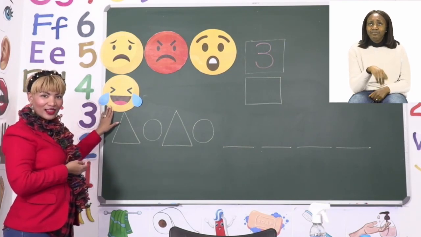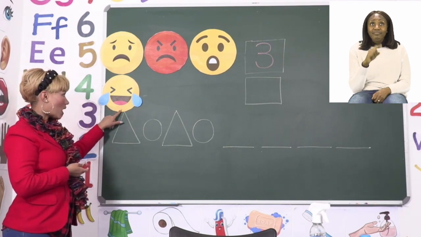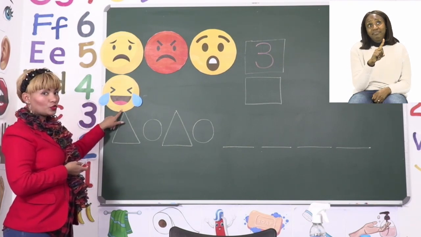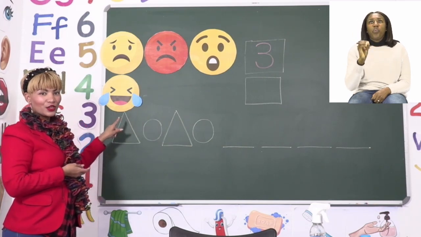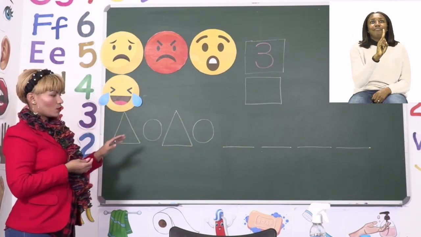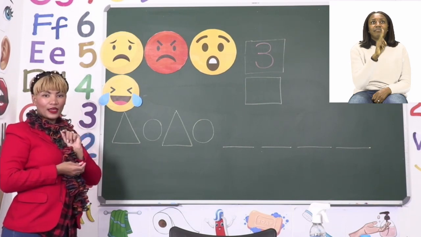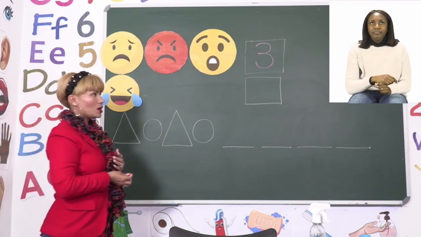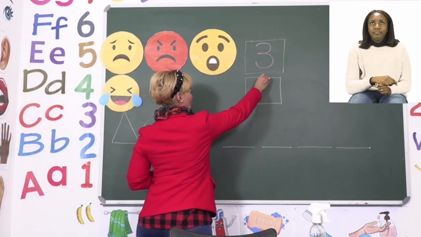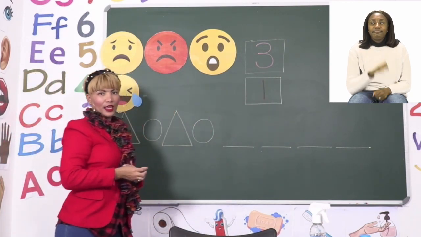Let's count together. 1. Do we have any more faces? No, we don't. So over here, we have 1 face. So we have to put the number 1 in there.